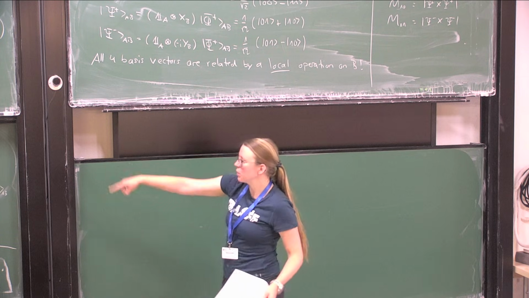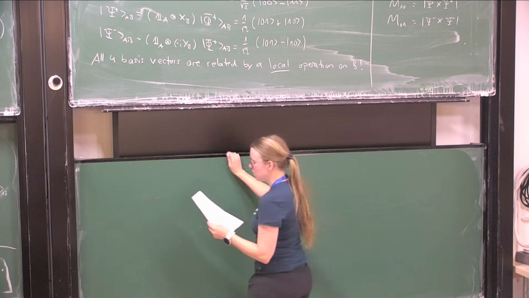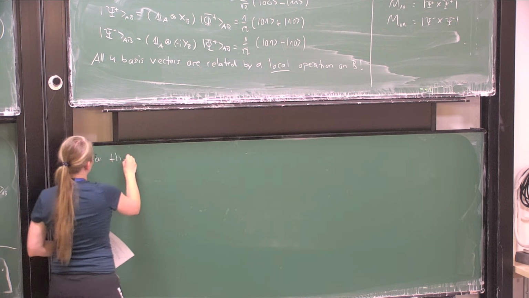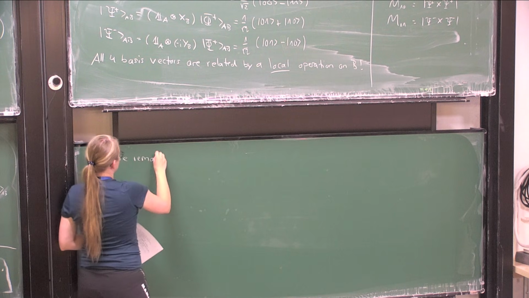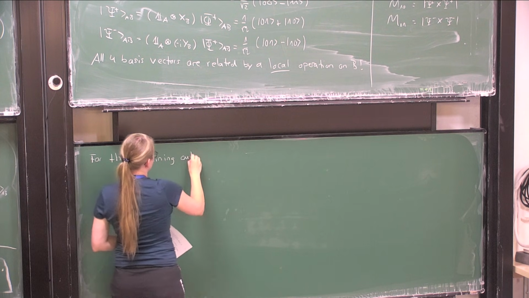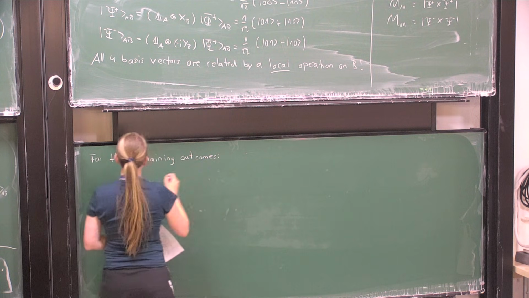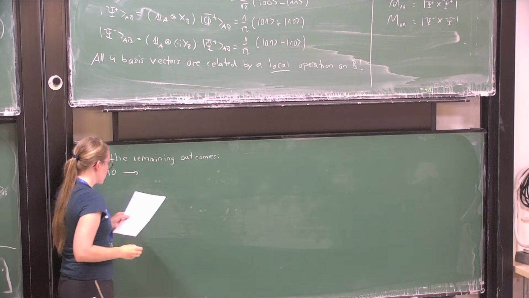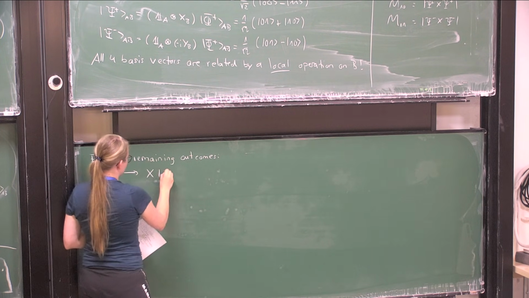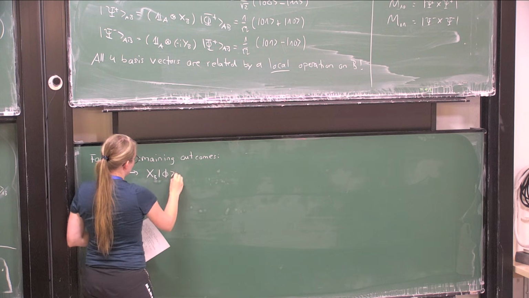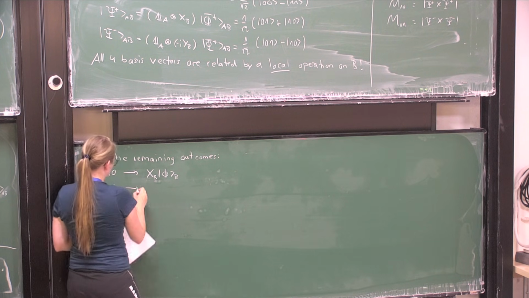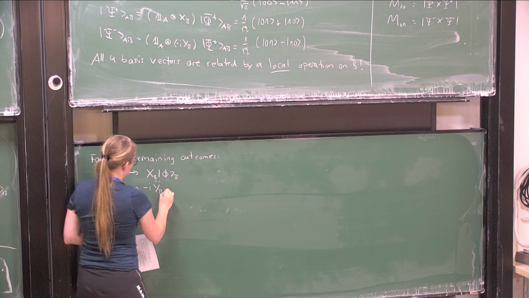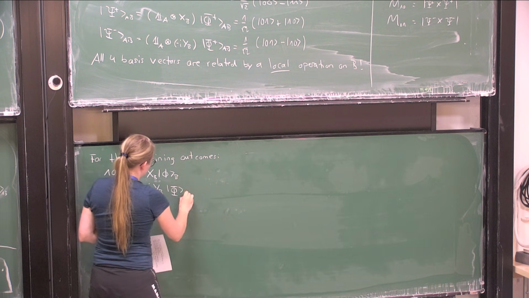If we do the same manipulation for the other two possible outcomes, you can see a similar pattern. For the remaining outcome, if we have 1, 0, then Bob's state would be X applied to the state phi, and if we have 1, 1, it is minus i Y applied to the state phi.